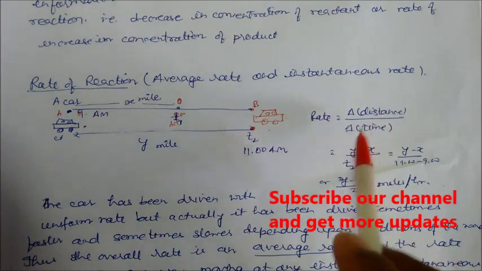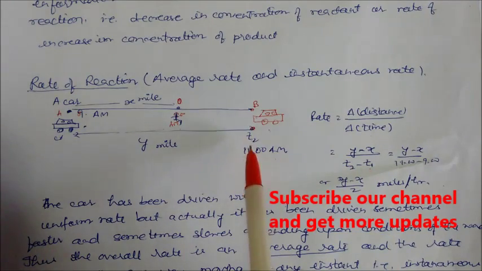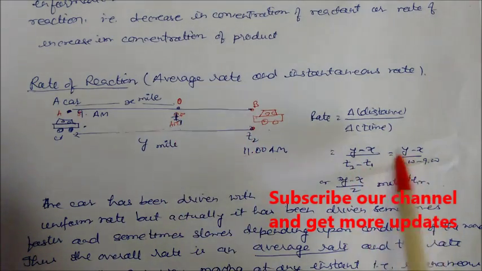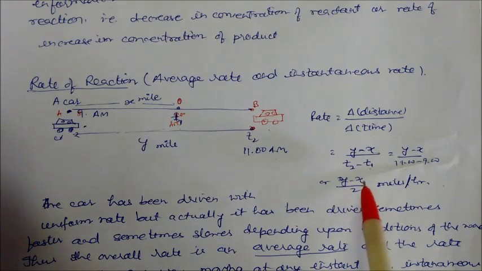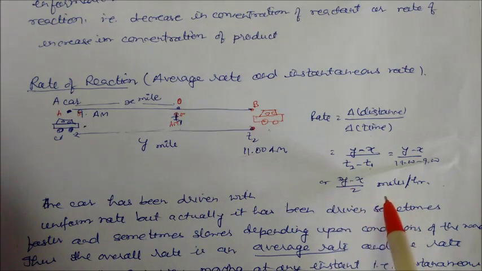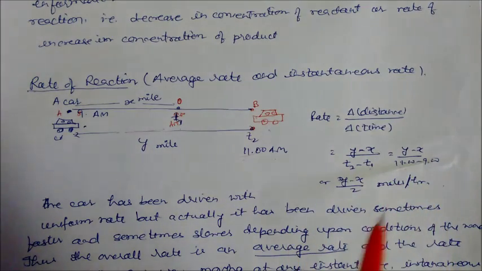That is the difference in distance by time. The time is t2 minus t1 and the distance is y minus x, or you can write the time interval as 11 o'clock minus 9 o'clock, and you will get the velocity of the car, that is y minus x divided by 2 hours, in miles per hour.